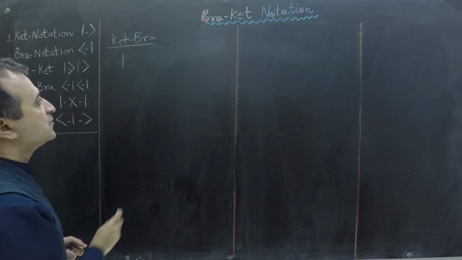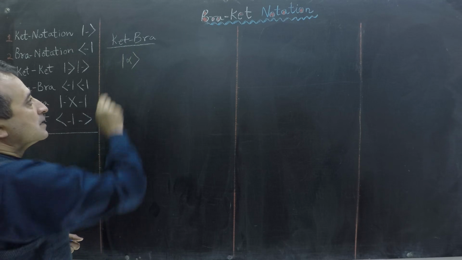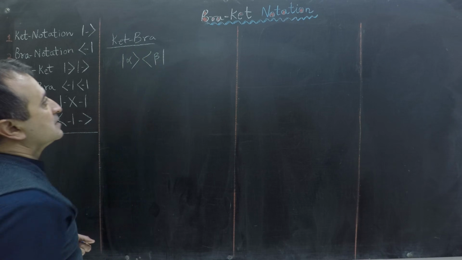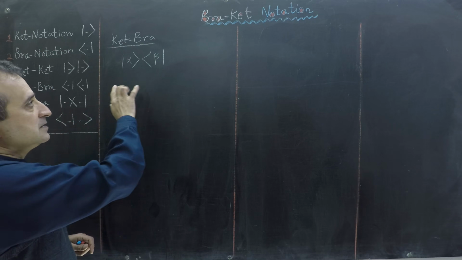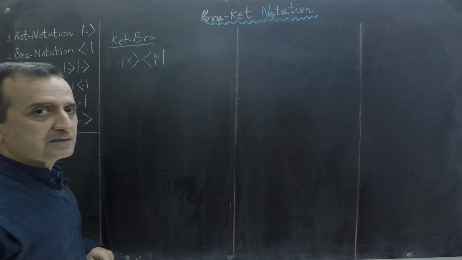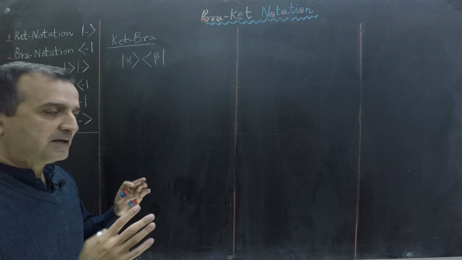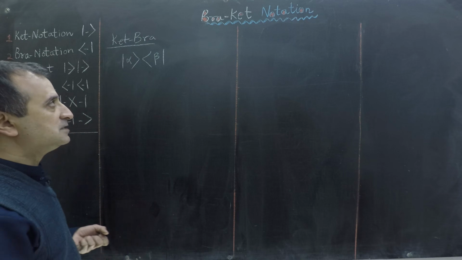Let's say we have to compute ket alpha and bra beta. In quantum computing, first of all, we don't write these terms like this because this wastes time, and this is an uncool method of writing this terminology.